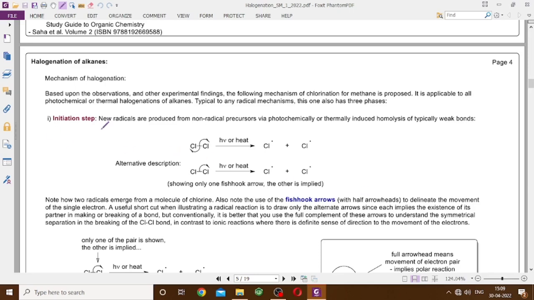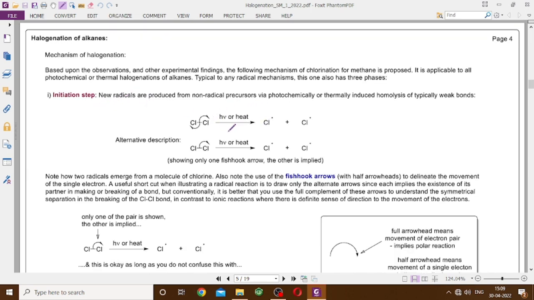One is the initiation stage, where from non-radical precursors like a chlorine molecule you get new radicals, and that is triggered by either photochemistry or by thermochemistry, and that is represented in the language of organic chemistry by putting this sort of fishhook arrows.